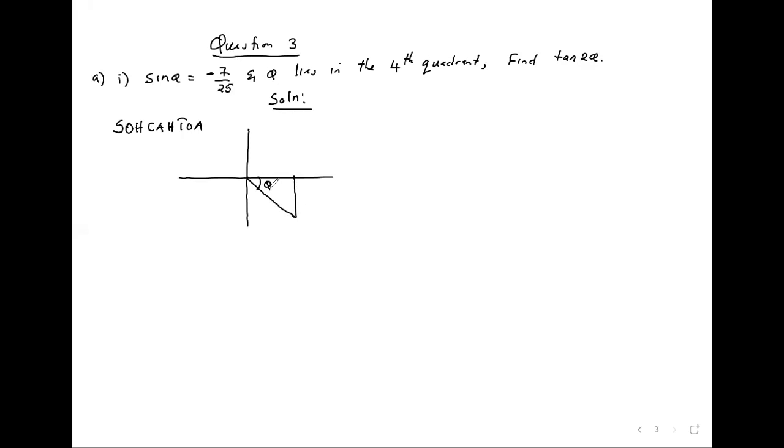And we know that sine is opposite over hypotenuse. So opposite is this side here, which is the negative of y. So it's negative 7. Hypotenuse is 25. If you're avoiding confusion, you can actually write negative 7 on the actual angle. There's no problem, for as long as it will help you find the solution.